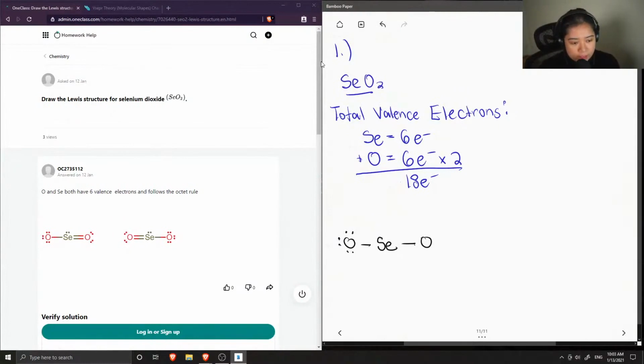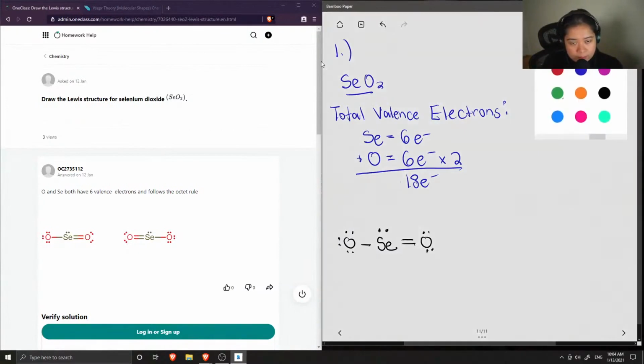So notice that selenium doesn't have a full octet yet, so I'm just going to make a double bond with my second oxygen, and I'm just going to count out how many electrons I have so far. So I have 16 electrons out of the 18, so for the last 2, I'm just going to put them on my selenium atom.